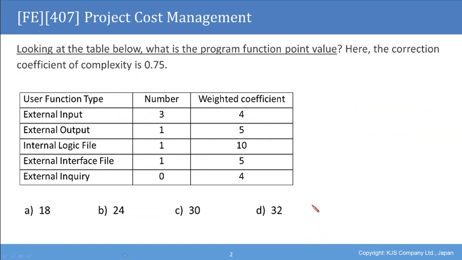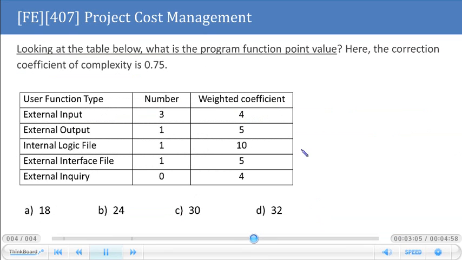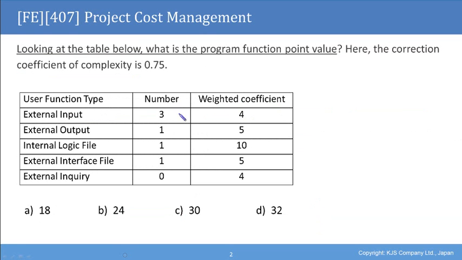So, looking at our example, let's have a look at our table. First of all, we see that the external input has 3 and the weighted coefficient is 4. So, as we saw before, we can weigh it with the coefficient, so that becomes 3 times 4, and that gives us 12. 1 times 5, of course, gives us 5.